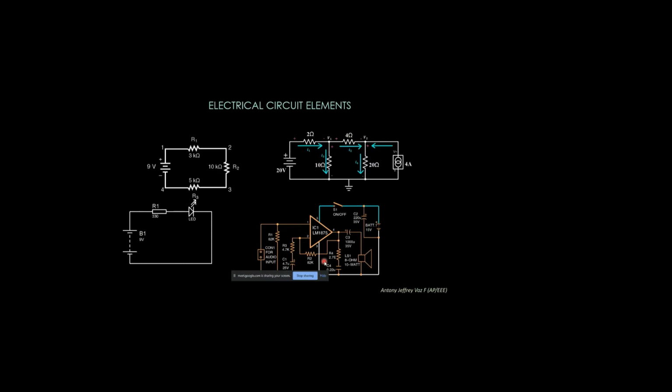And this last one is the audio amplifier circuit. Here you input the audio wave, and we have a speaker, which will give a maximum output of sound wave. This is the integrated circuit IC, which amplifies the audio signal and gives it through the speaker.